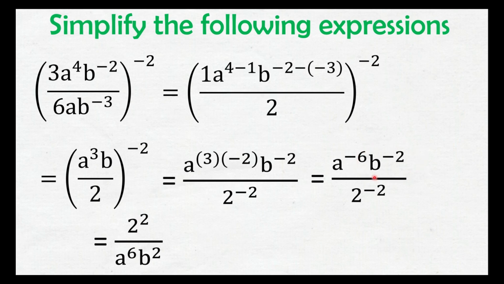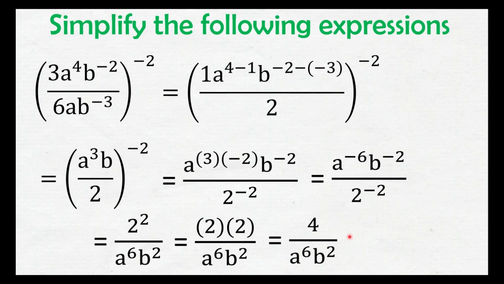Ilalagay natin siya sa denominator para matanggal yung negative exponent niya. Kaya naging b square yan. So we have 2 square over a raised to 6 b square. So hindi pa yan nakasimplify kasi pwede pa natin i-expand itong 2 raised to 2. So expand natin, 2 times 2, that is 4. So we have the answer 4 over a raised to 6 b square.